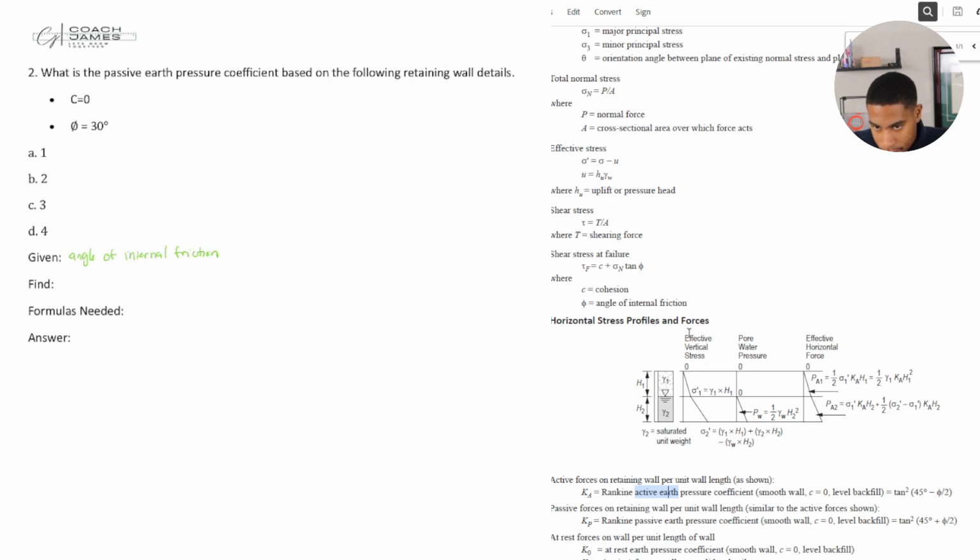And what is C? All right. C is going to equal your cohesion. So they also give us cohesion.